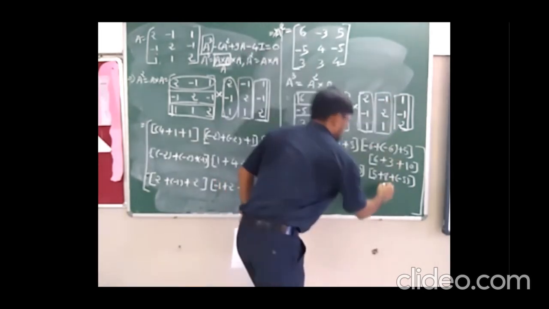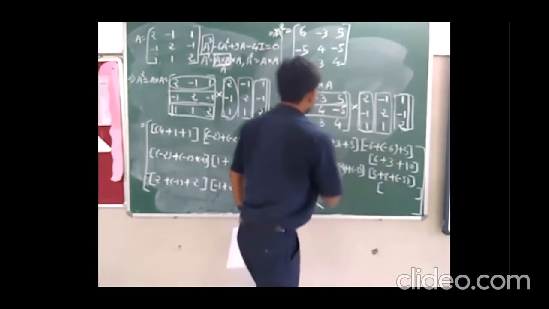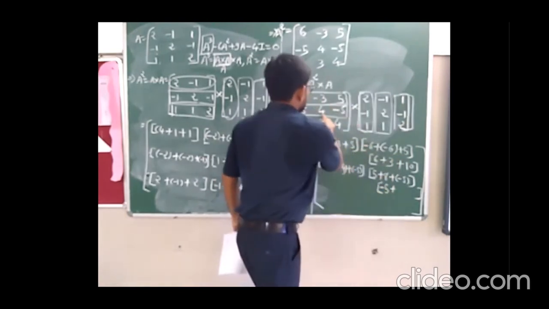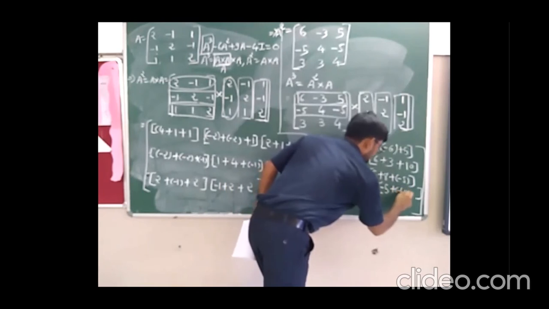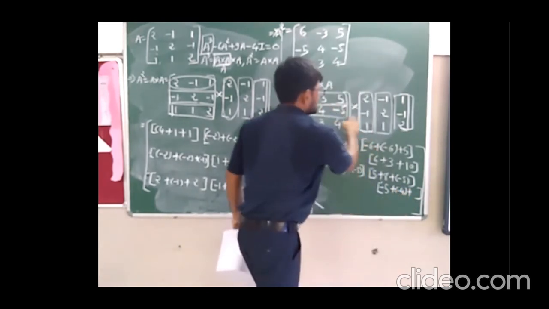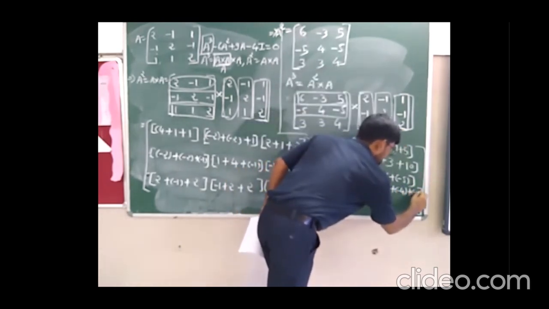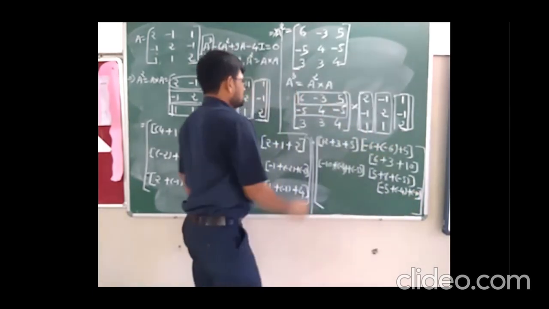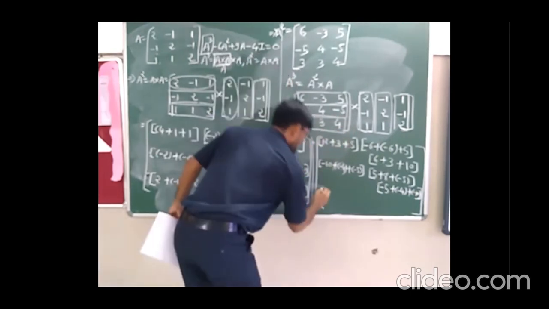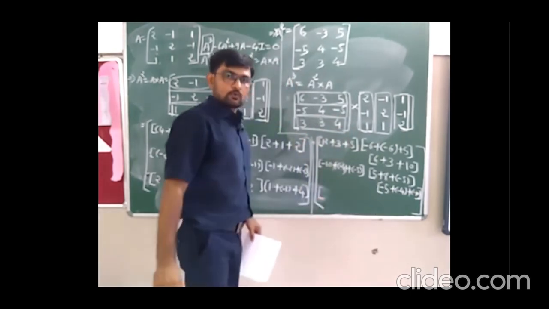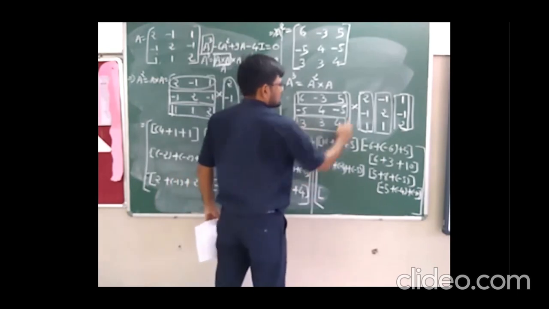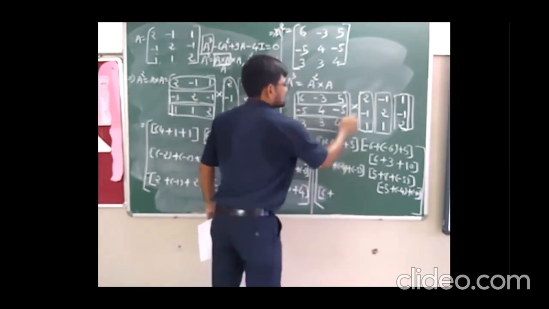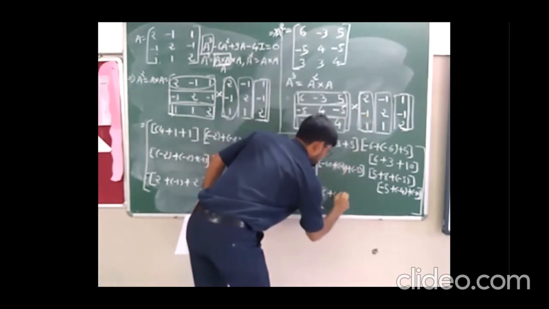Now second row, third column. First into first, minus 5. Plus second into second, minus 4. Plus third into third, minus 10. Okay. Now we'll multiply all columns by third row. Again, for third row, first column. First into first, 6. Second into second, minus 3.